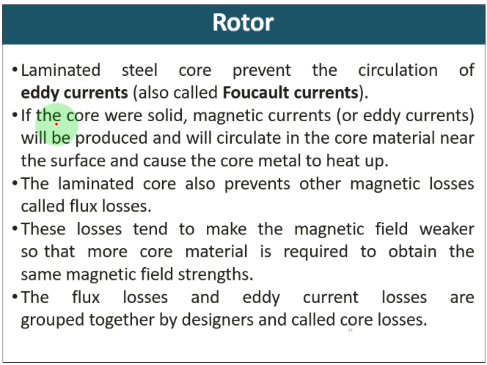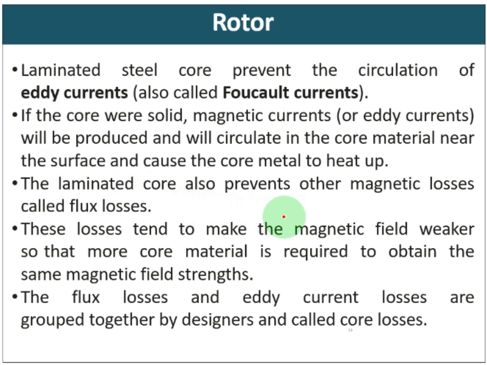As I explained earlier, if the core were solid, then eddy currents will be produced and circulate in the core material near the surface, which will cause the core material to heat up. So to prevent that, the rotor is made from laminated sheets.